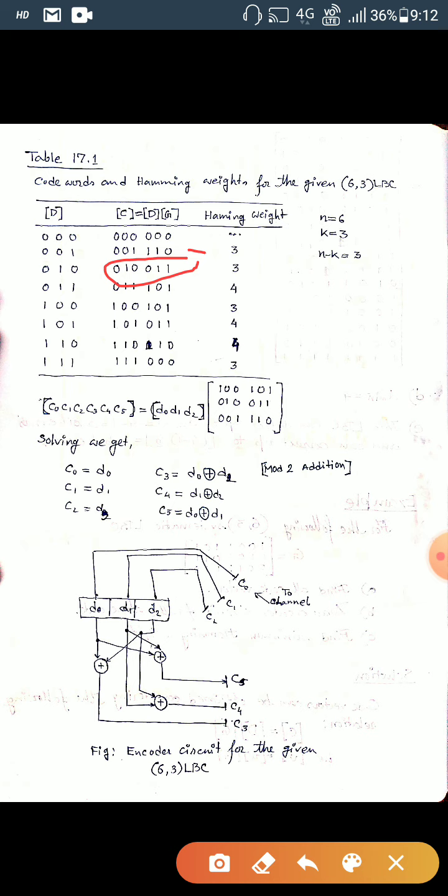Now consider this one: the total number of ones is 4, so the Hamming weight is 4. And the last one is 111000, so the value becomes 3. So individually you can get the Hamming weight of each code word. Which one is the minimum? 3. So d_min is 3.